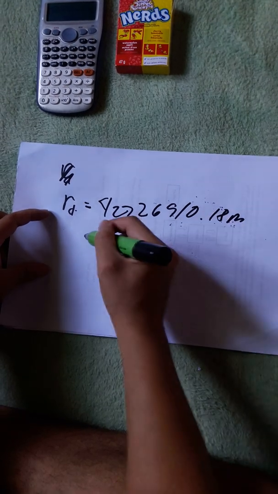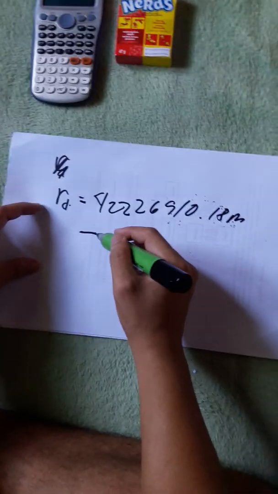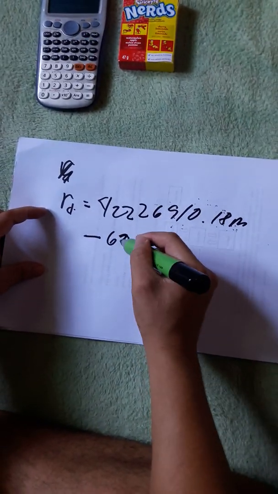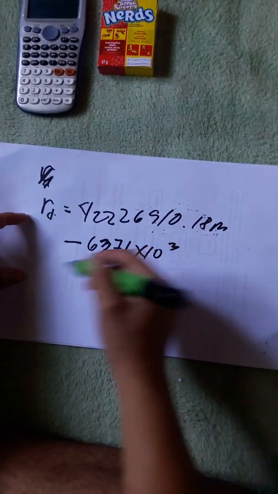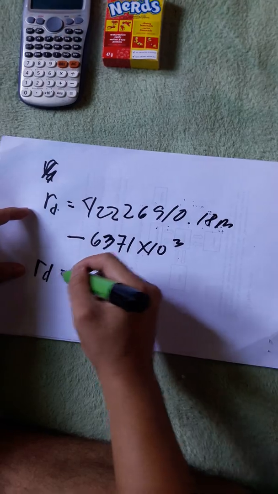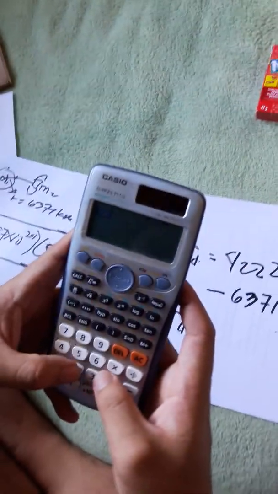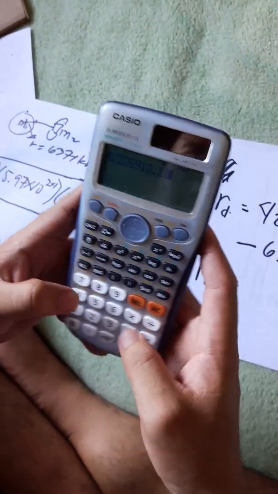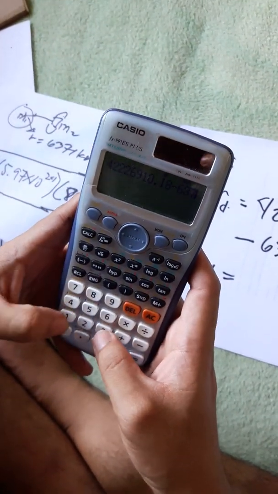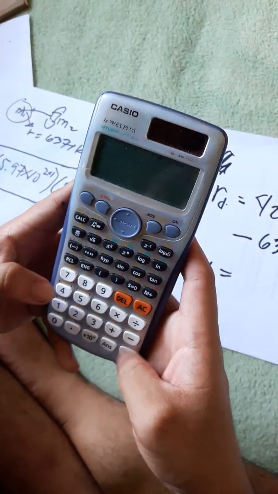So D is just equal to 42226,910.18 meters minus 6,371 times 10 to the power of 3.